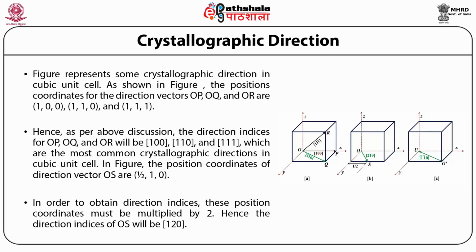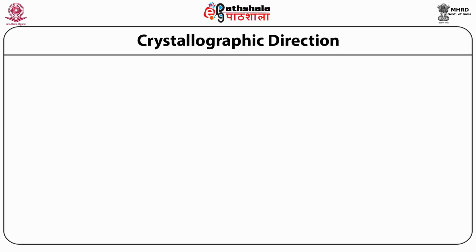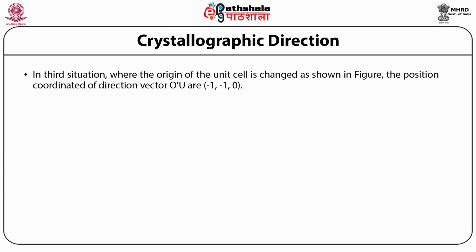Hence, the direction indices of OS will be [120]. In the third situation, where the origin of the unit cell is changed as shown in figure C, the position coordinates of direction vector O'U are -1, -1, 0.